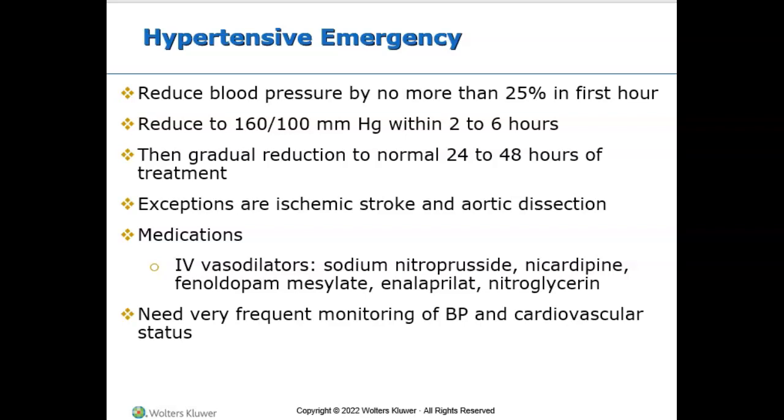So I want to go back to what it says. Exceptions are ischemic stroke and aortic dissection. Ischemic stroke is where they have a clot blocking the flow in the brain. We want to keep their blood pressure elevated if that is the case, because the elevated blood pressure is the only thing that is probably perfusing their brain at this point.